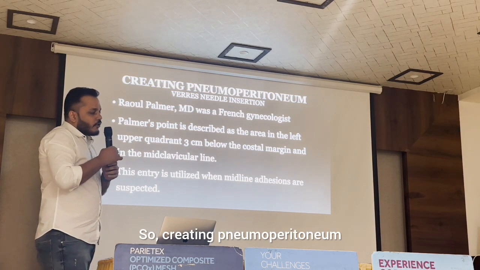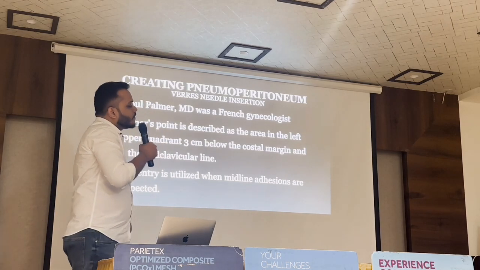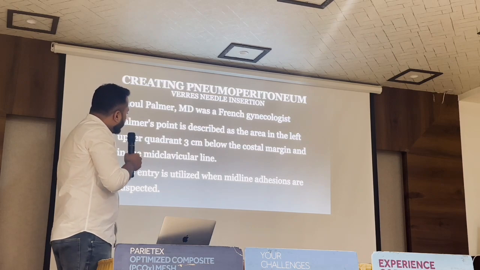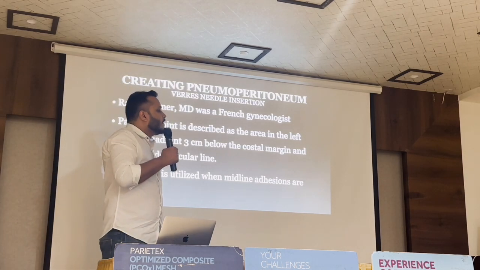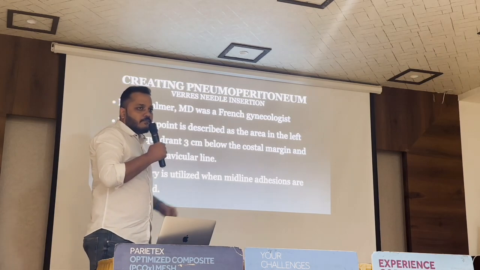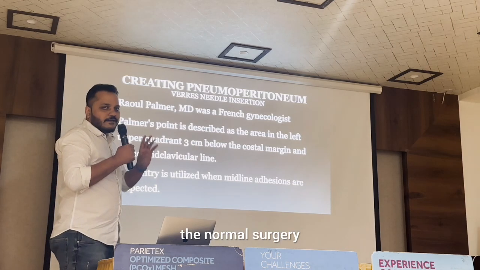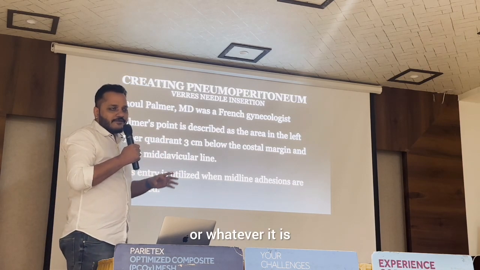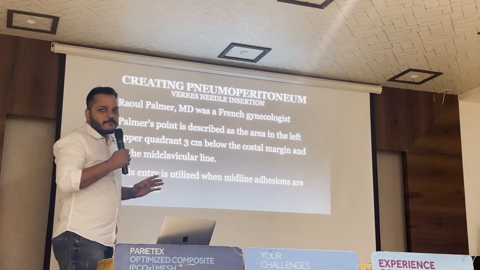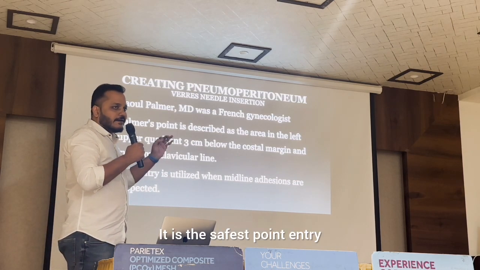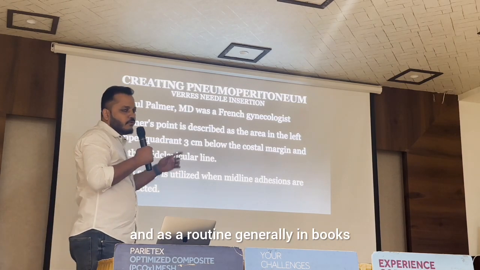So creating pneumoperitoneum is the first and most important part of any laparoscopic surgery for that matter. At my setup, or where I got training from, we put the Veress always at Palmer's point, be it normal surgery or previous adhesions or whatever it is, because out of the entire abdomen, it is the safest point of entry.